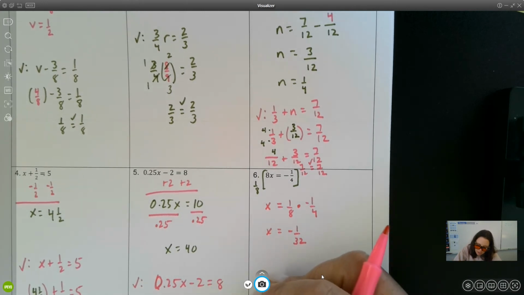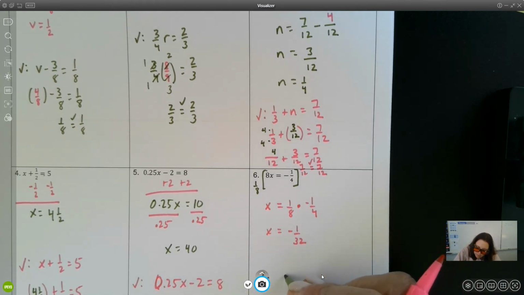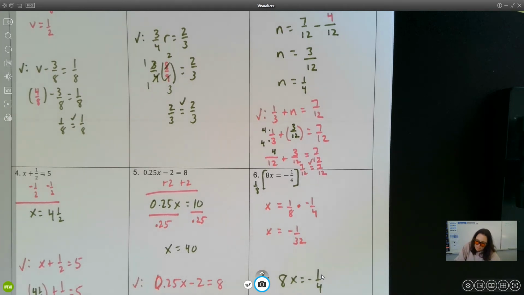Okay, let's do the check. 8x equals negative 1/4. 8 parentheses equals negative 1/4. Throw in a negative 1/32. This would be negative 8 over 32. Isn't that negative 1/4?